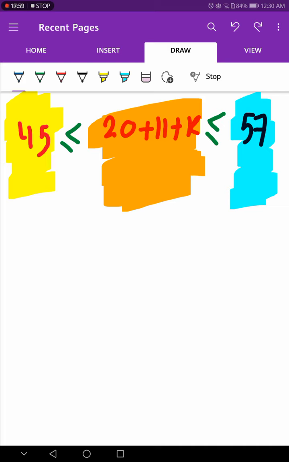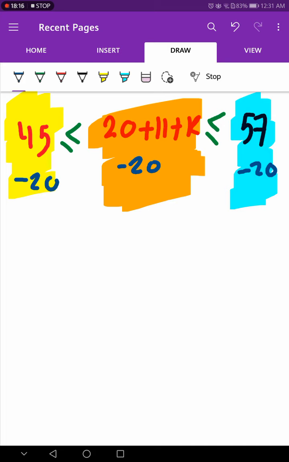So I will eliminate the 20. Negative 20 in the middle, and what you do in the middle, you have to do at the right and at the left.